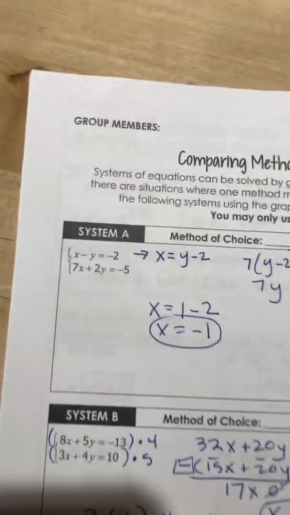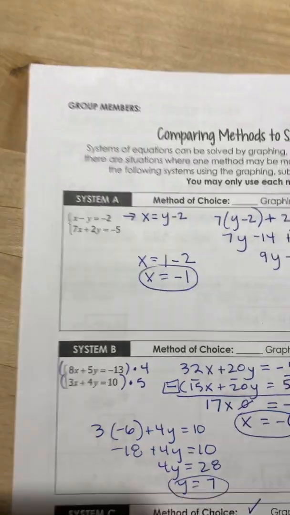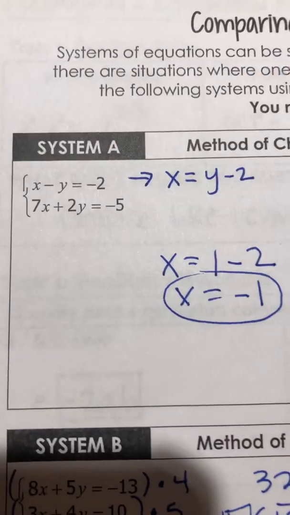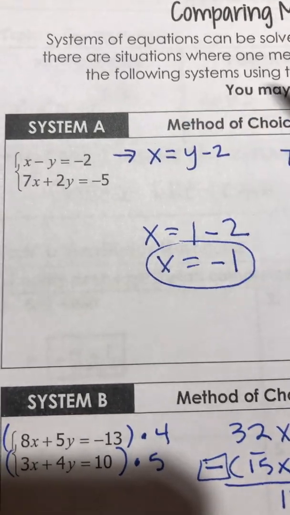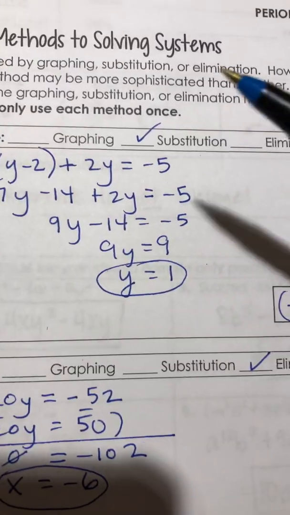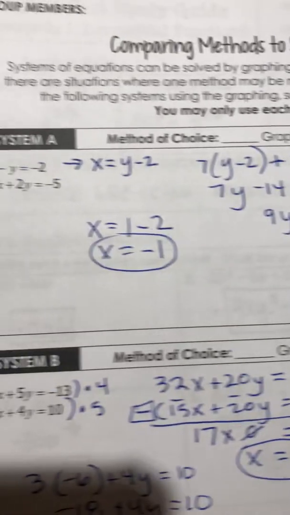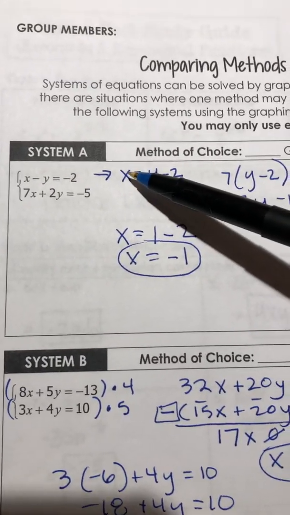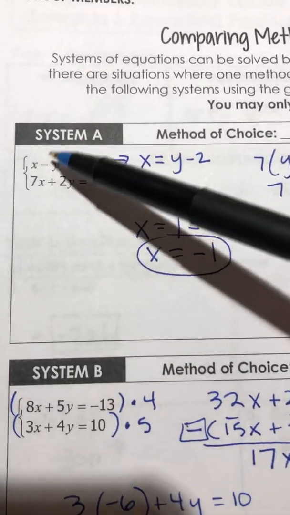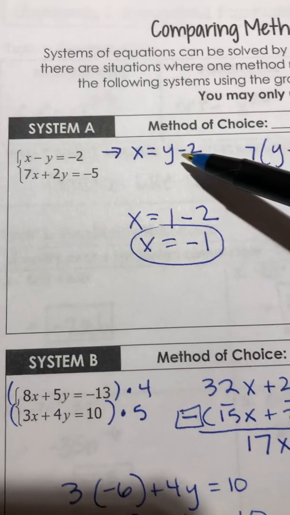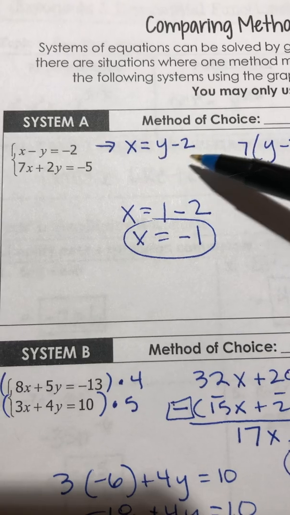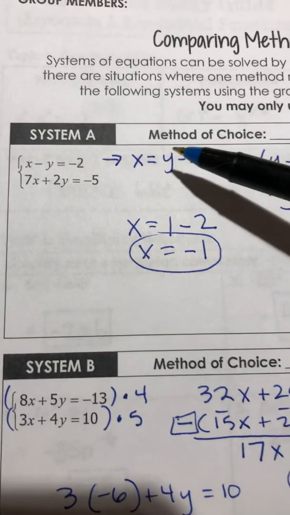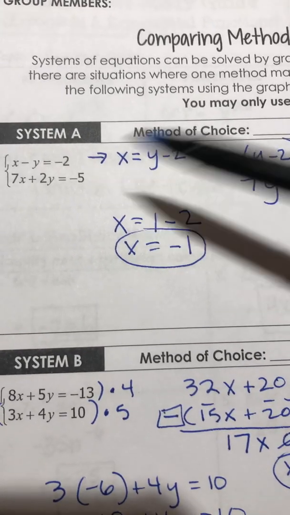For the first one, I see a system right here. And I wanted to see if I could substitute this one. So if I kind of tweaked this equation here and got my x alone, then I could substitute this amount into my other equation.